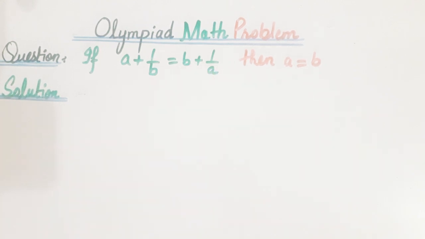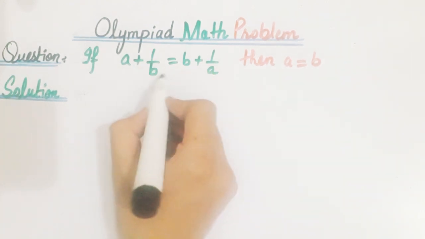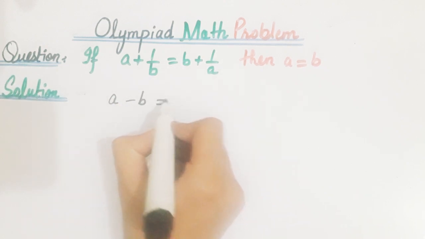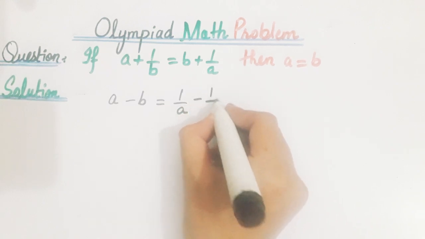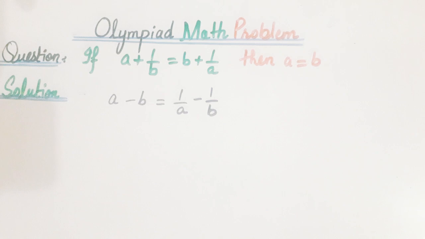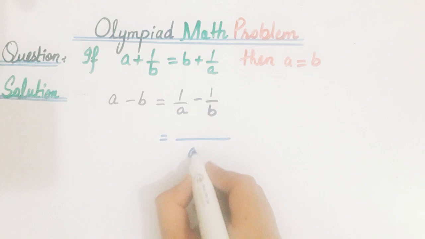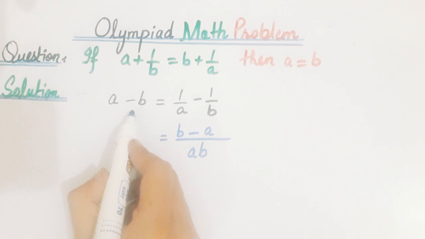We will solve this question as follows. First of all, rearrange the equation: a minus b equals 1 over a minus 1 over b. Now take the LCM of this equation. This equals ab, then b minus a, and a minus b.